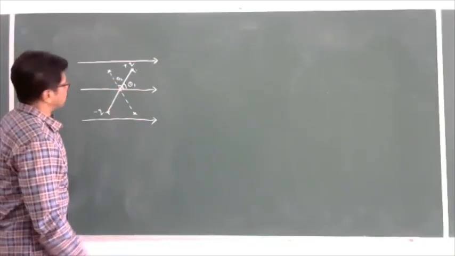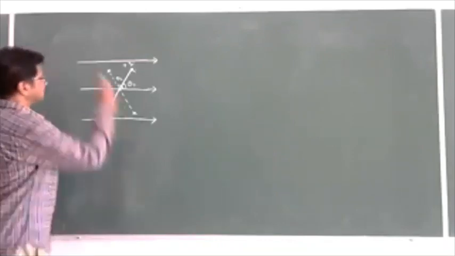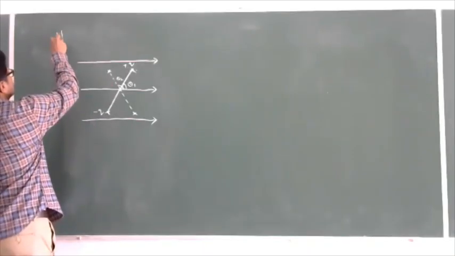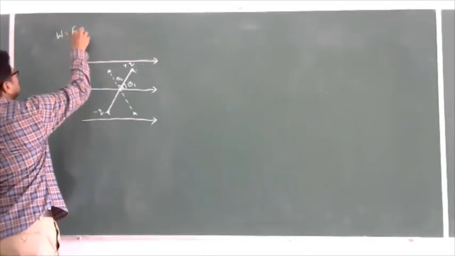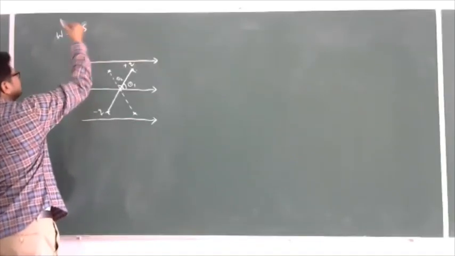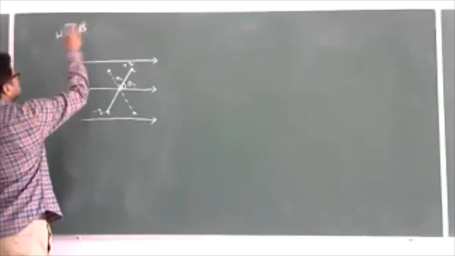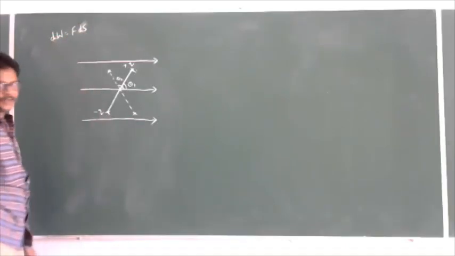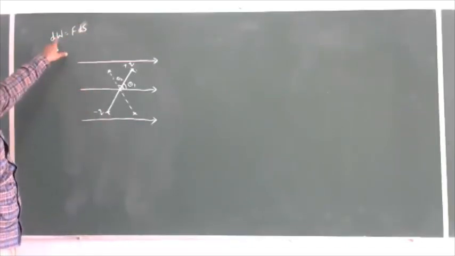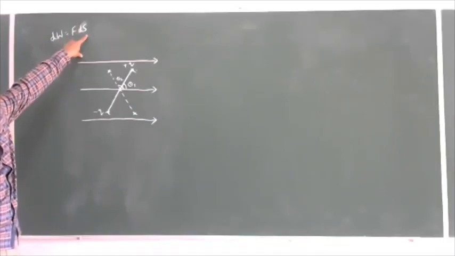The formula for work done in a linear motion is force into displacement. If the displacement is small, then a small work has to be done. So dW is equal to F into ds.